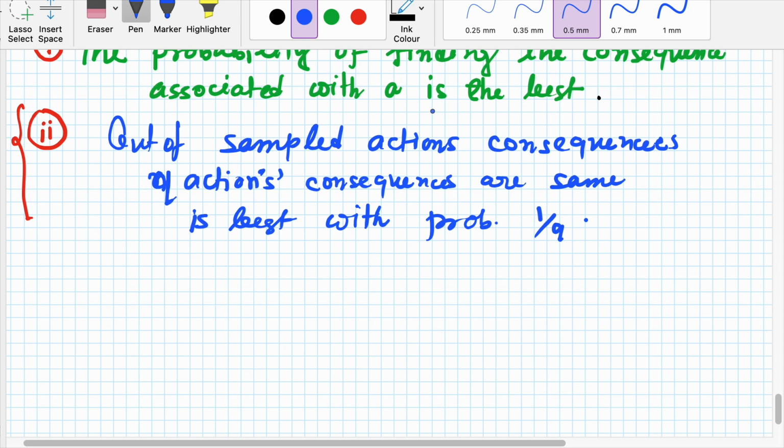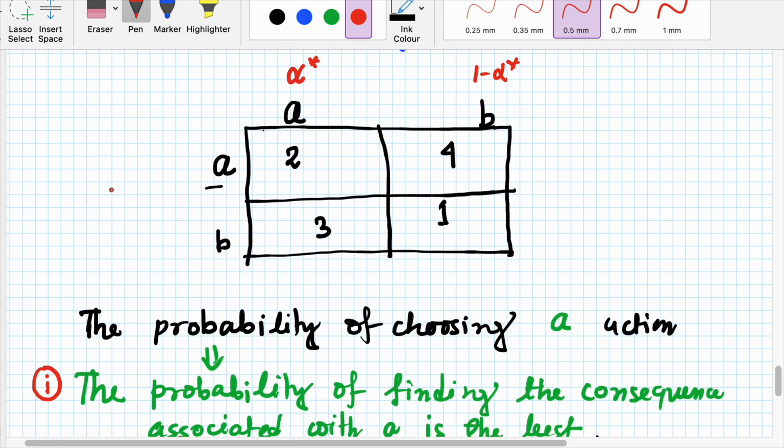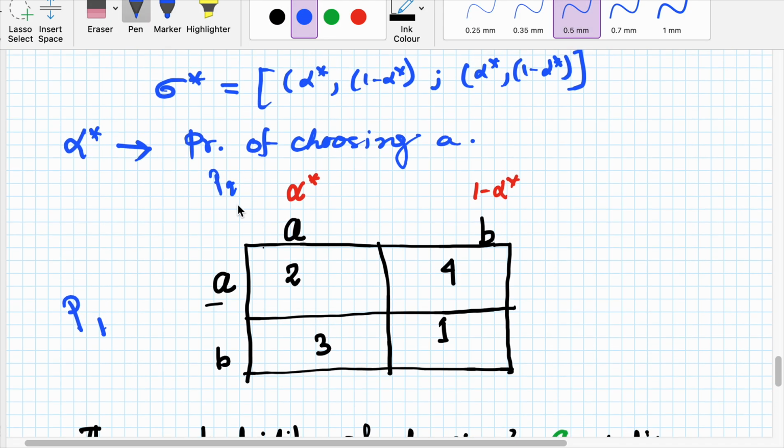So let me calculate. Suppose this is player 1, and this is player 2.